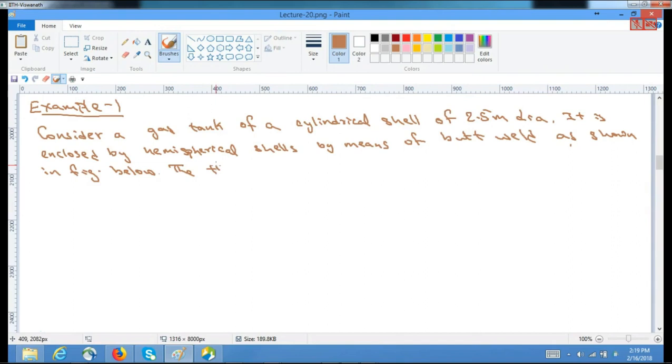The thickness of the hemispherical cover is 12 mm.